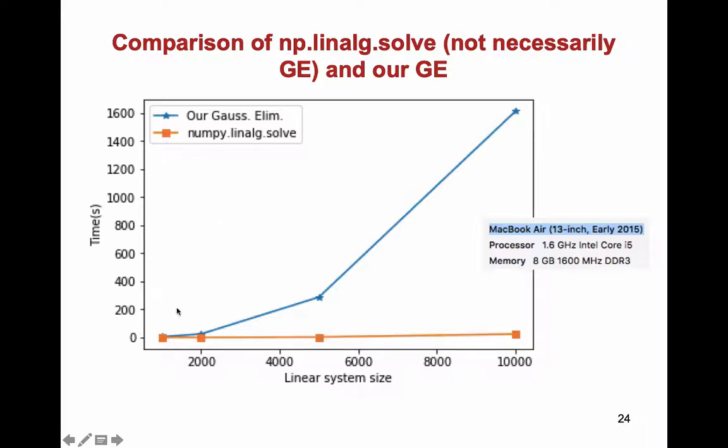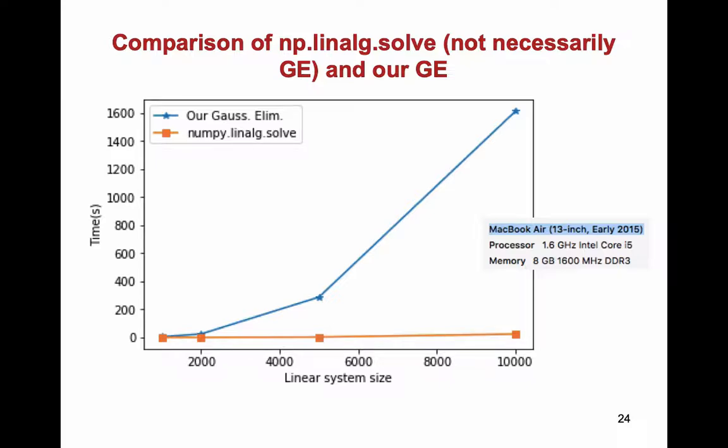So for 10,000 by 10,000, my A is 10,000 by 10,000. I created a random matrix, and then I created myself a B. That was done outside of the timing, and then I just timed how much it takes to solve that. It took how many seconds? 1,600 seconds.